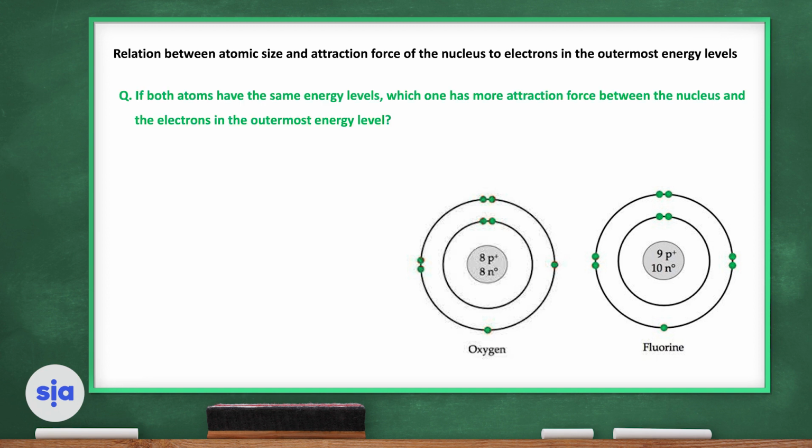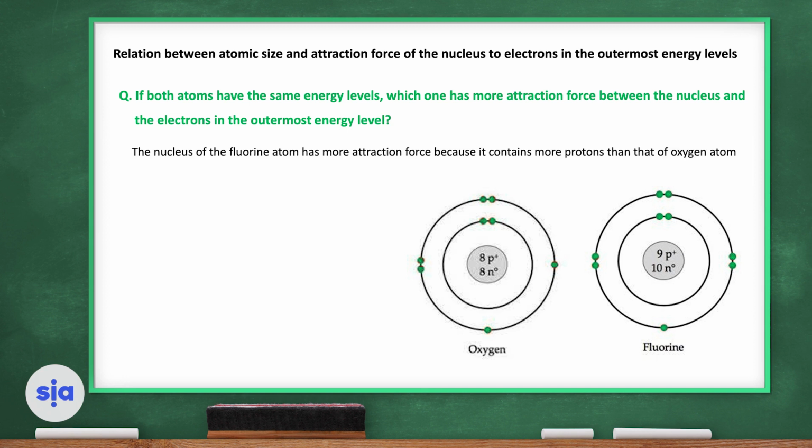So if both atoms have the same energy levels, the nucleus of fluorine has more attraction force because it contains more protons than the oxygen atom, as if this nucleus is more powerful. It's fluorine.